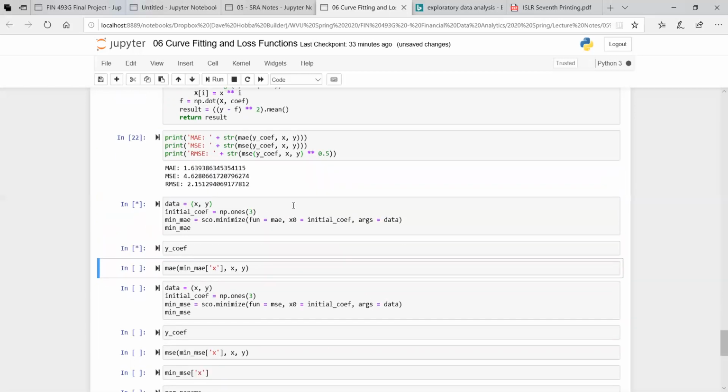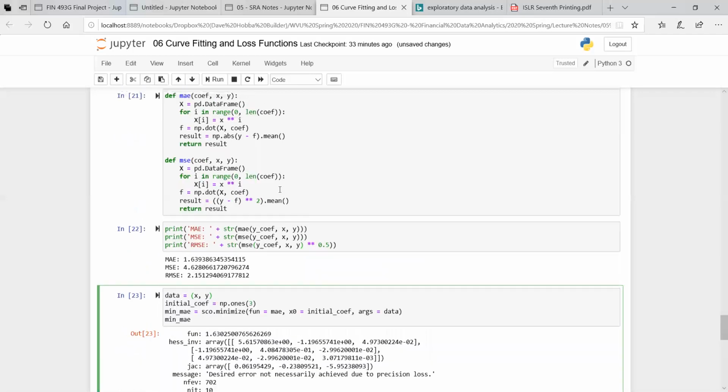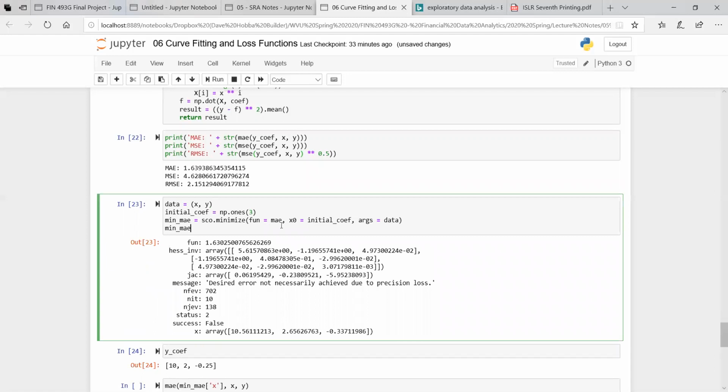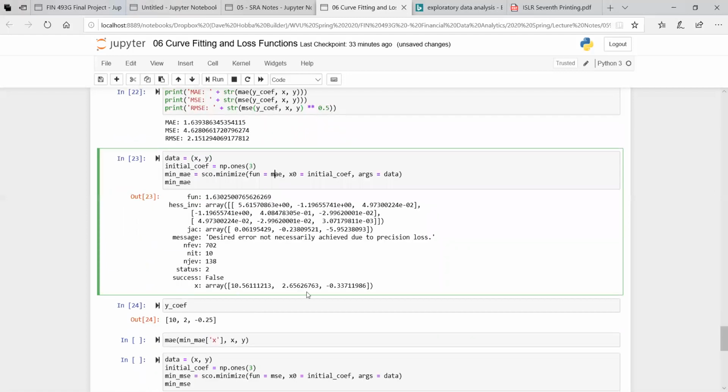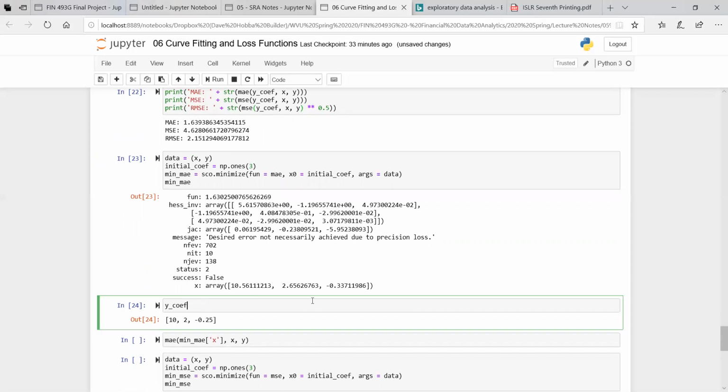Then to show it, we're going to use the SciPy optimize function to minimize it. So we're minimizing mean absolute error, and we get 10.56 and so on. And this isn't too far off. It's not significantly off compared to the original coefficients.